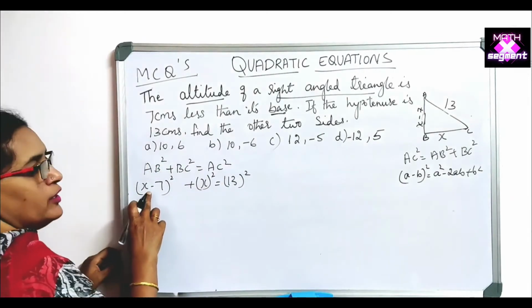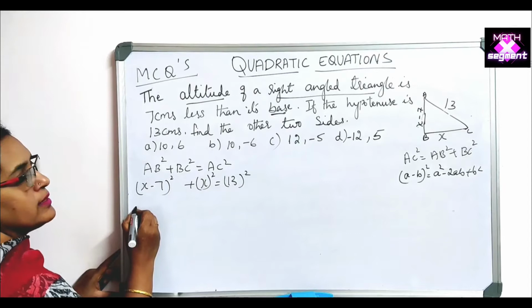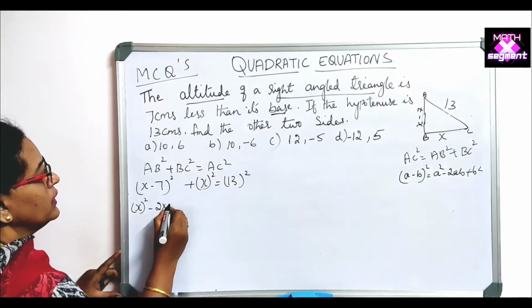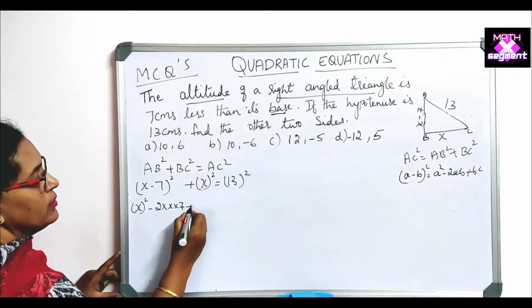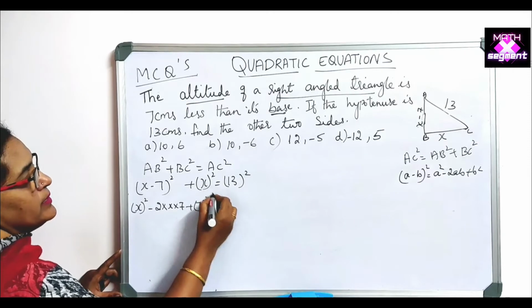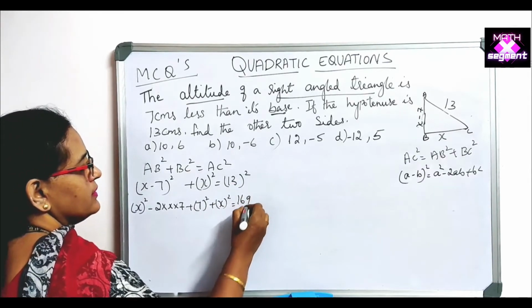So here A value is x and B value is 7. We'll substitute in the formula. That is x whole square minus 2 into x into 7 plus B square is 7 square plus this x square is remaining is equal to 13 square is 169.